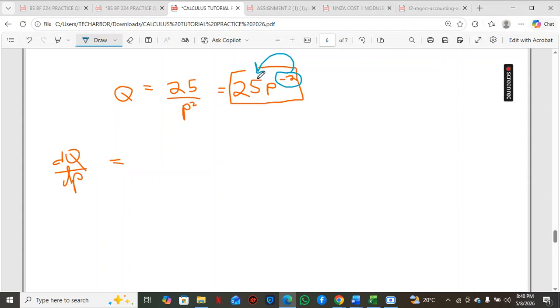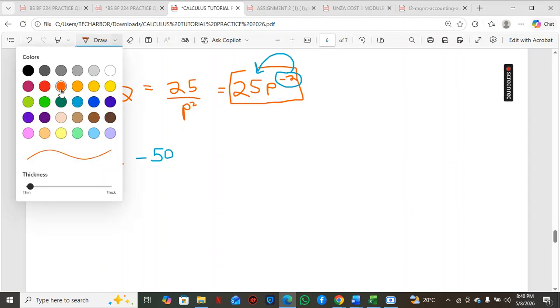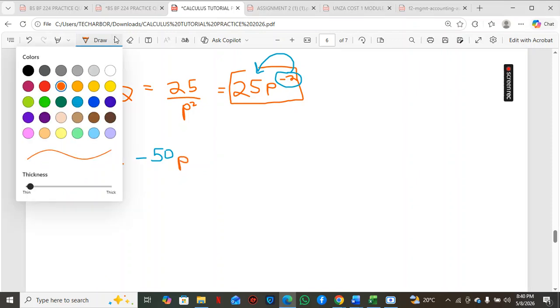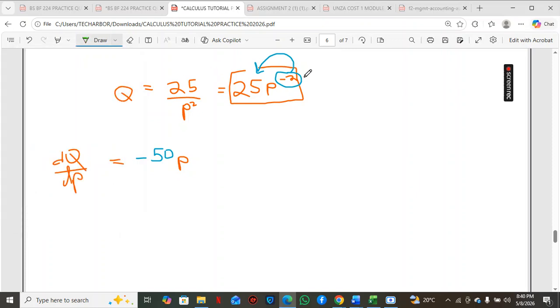Negative 2 times 25, that is negative 50P. Then this same power which multiplied with that 25, we're going to subtract a 1 from it.